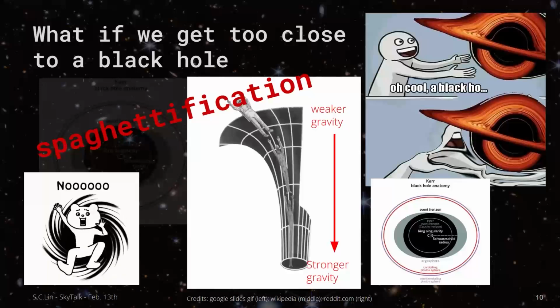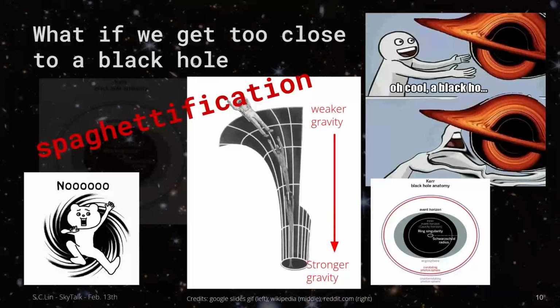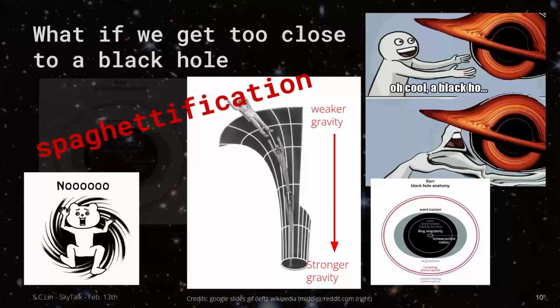And we call this effect spaghettification, where when your feet get really close to the black hole, it's not simply stretching you, like you're going to see a chiropractor or something like that. It will actually tear you apart down to the atomic scale, and then you become a flow of plasma flowing into a black hole.